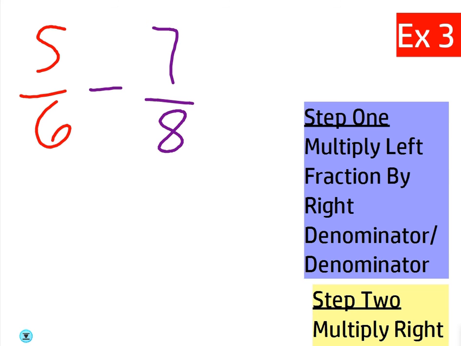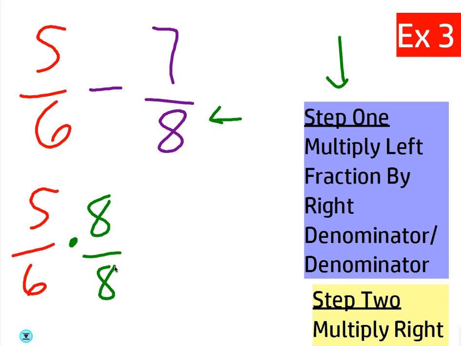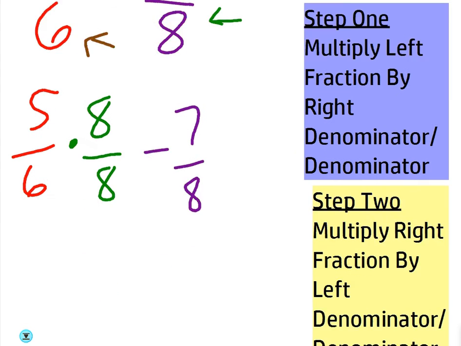So what's 5 over 6 going to be multiplied by? We're multiplying it by the right denominator. 8 over 8. Thank you. And how about the 7 over 8? We're going to multiply by the left denominator.